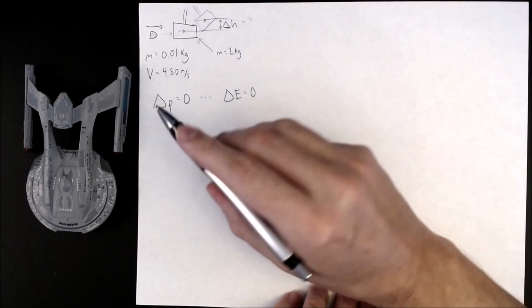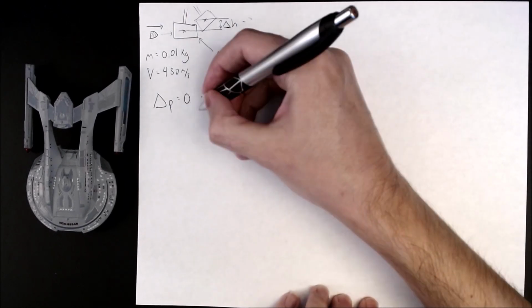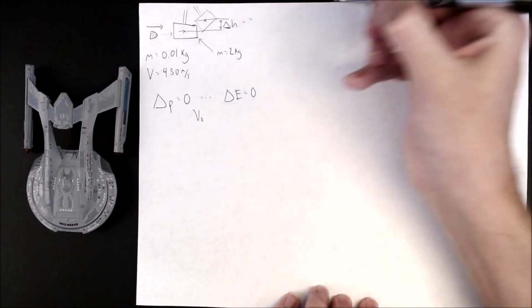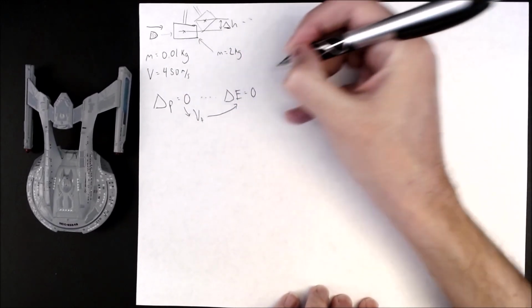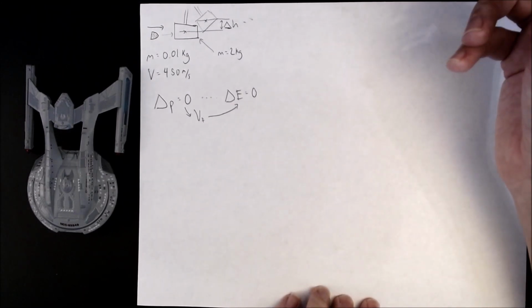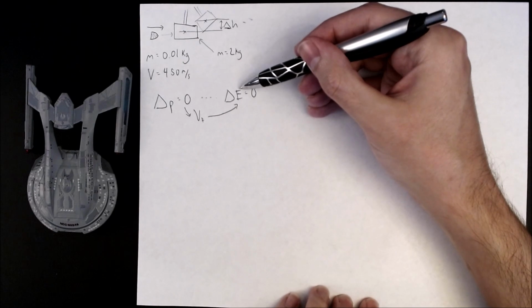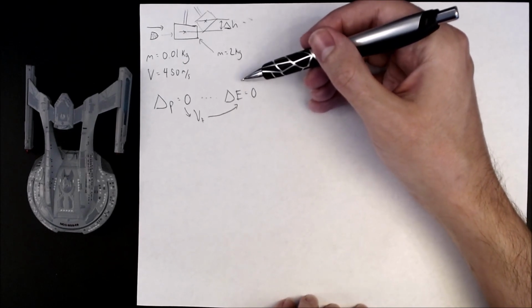So what are we doing? We're going to use this to find some final velocity. And we're going to plug that final velocity in there and use this to find the final height. Here, we're going to have a kinetic energy and eventually a potential energy.